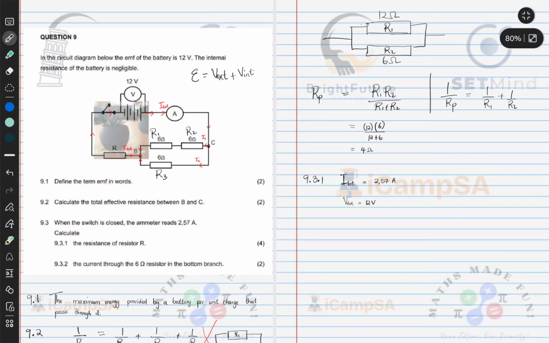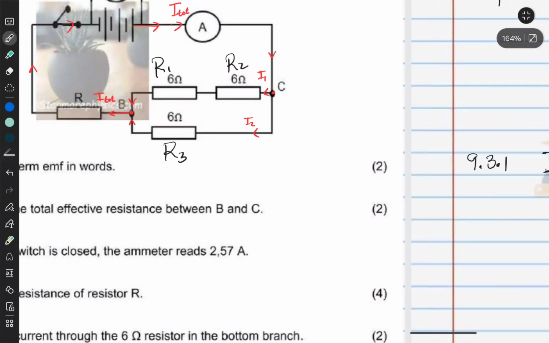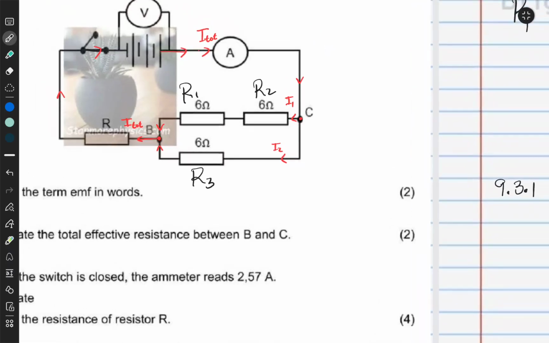All right, so now if we check our circuit, you can see that there are about 2 ways of doing this, minimum. The first way is, we know our total current is 2.57. We can use total current to find the total resistance in the circuit because we already know our total voltage.